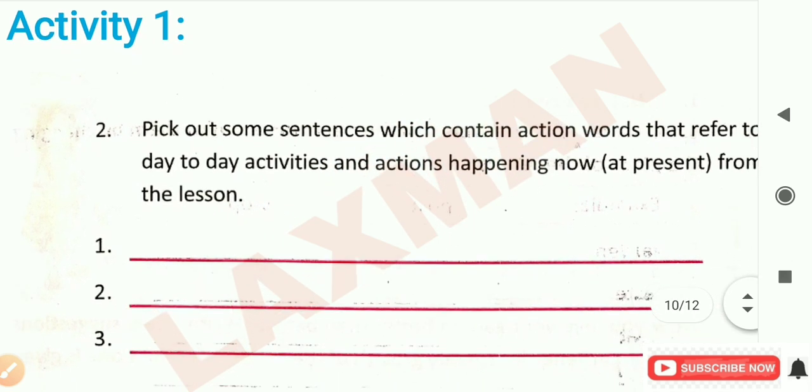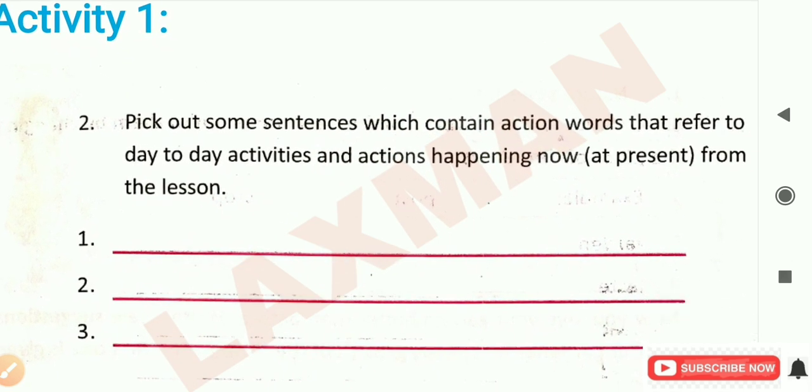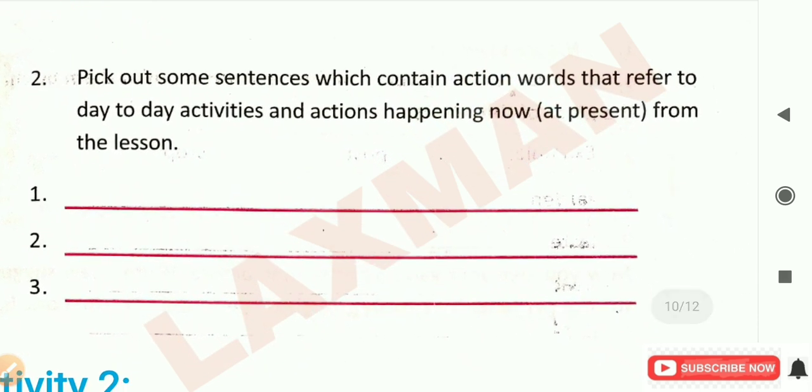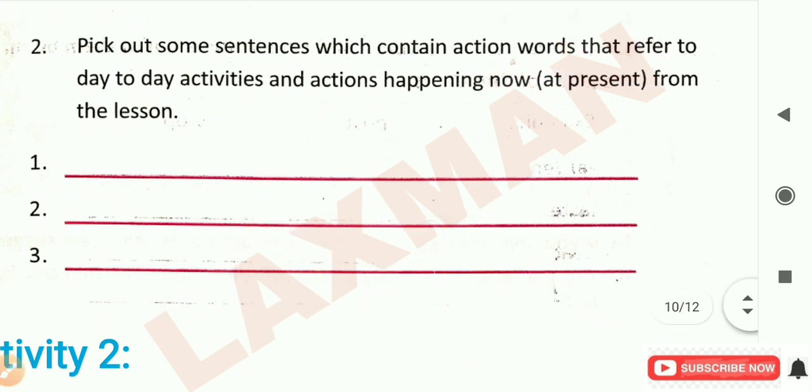Pick out some sentences which contain action words that refer to day-to-day activities and actions happening now, at present, from the lesson. That means the children pick out sentences which contain action words from the textbook. They have to read the textbook, identify the sentences which contain the action words, and write them here.